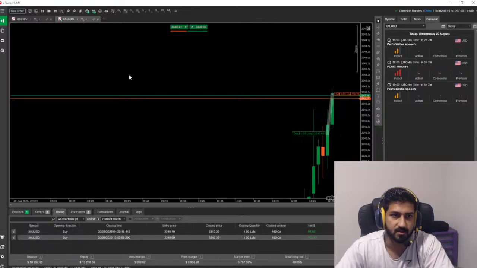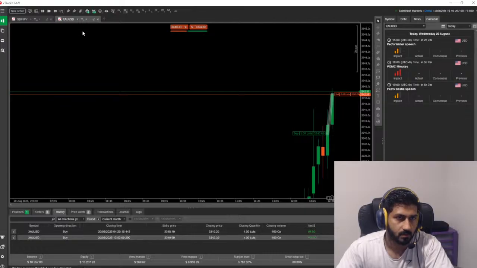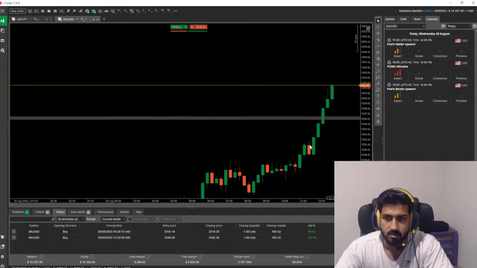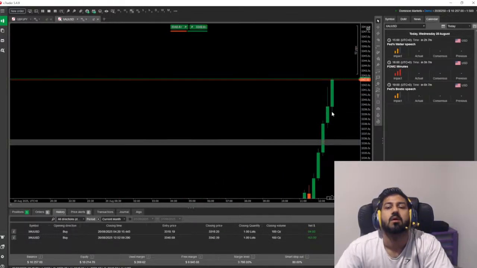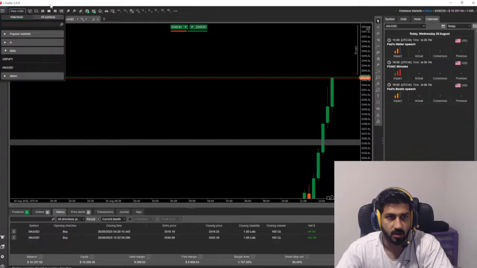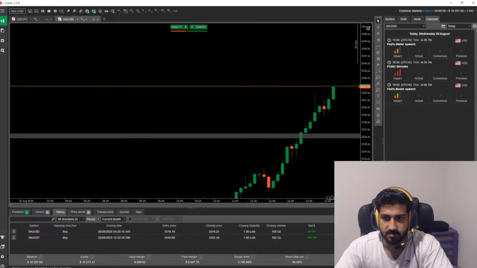The whole idea was that looking at 15-minute, we formed a lower wick, and we were continuing to push up. As we were continuing to push up, I went in the 5-minute.